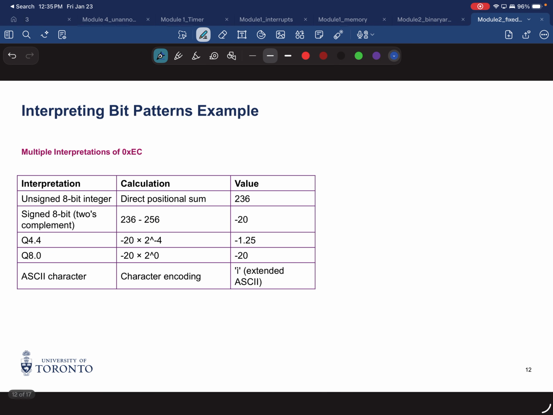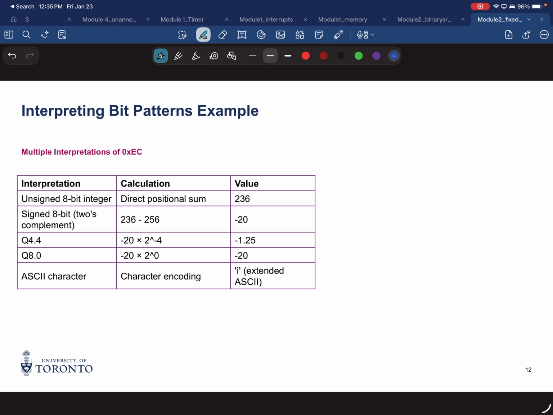For example, we have an unsigned 8-bit integer. Let's say the value is 236. How does that look like? Does anybody remember?